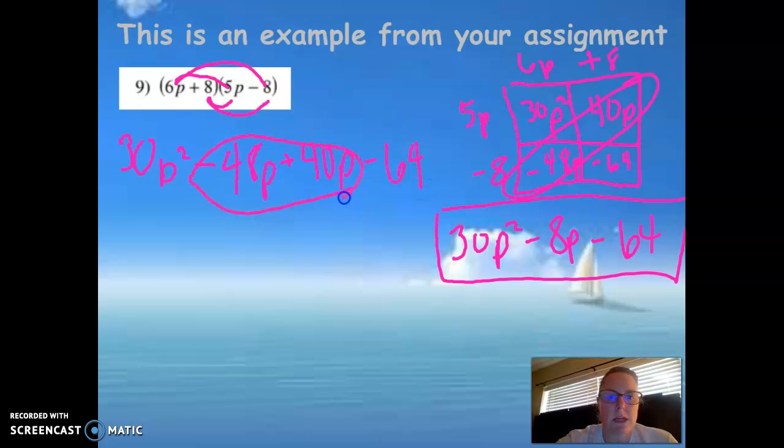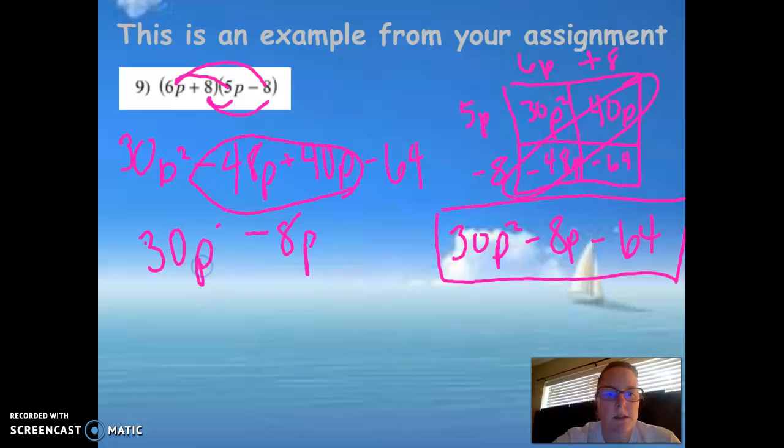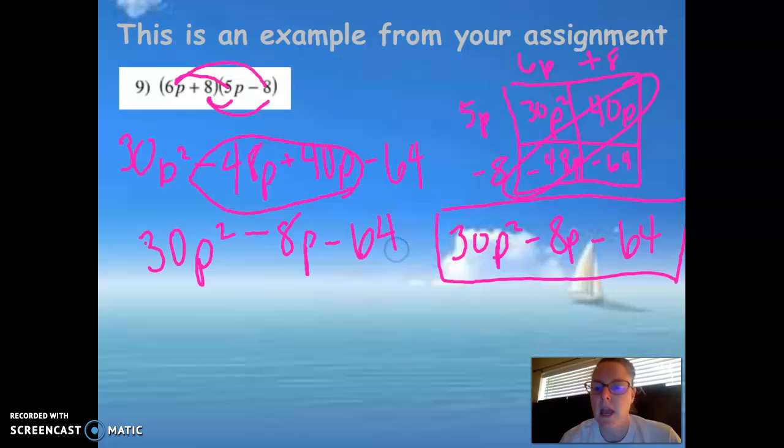Combine those middle terms again, and that is going to give me negative 8p, so I will have 30p squared minus 8p minus 64. Again, I don't care which method you use, just show me your work so I can find where mistakes are happening.